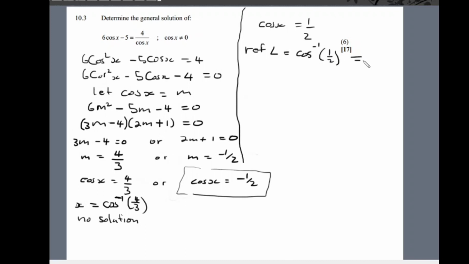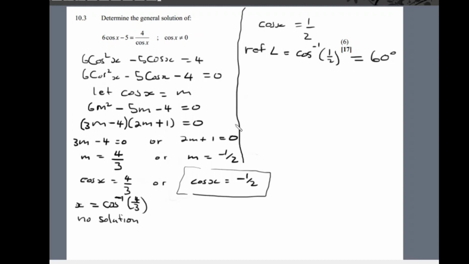Uzothola ukuthi reference angle yethu izoba ngu 60 degrees, right? So now after having this reference angle, we will then look for ama quadrants. Sizosebenzisa i-cast diagram, because thina sifuna the values of x which will satisfy this equation here.